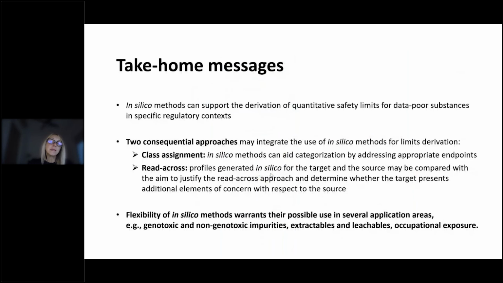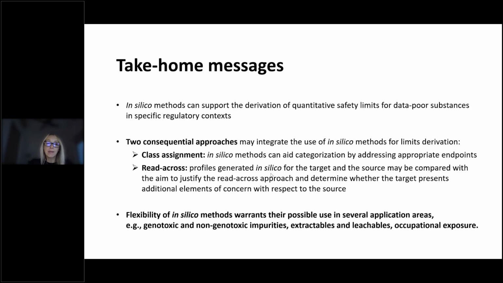In this webinar, I wanted to present how in silico methods can support the derivation of quantitative safety limits for data-poor substances in different regulatory contexts. What I presented are two sequential approaches that can integrate the use of in silico methods for limit derivation.